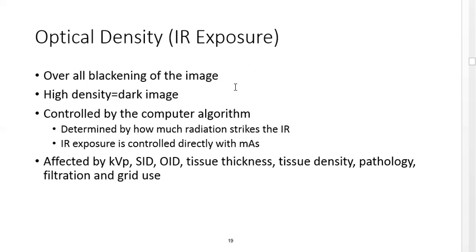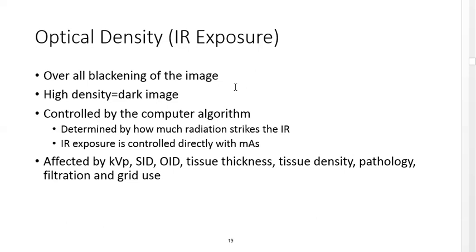Also, we don't use SID to control image receptor exposure, so SID affects it, but it doesn't control it. OID affects it, but not nearly as much as KVP or SID. The main thing that affects your image receptor exposure is KVP more than any other factor, but we control it with mass.